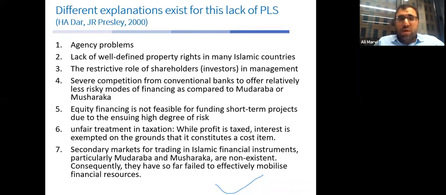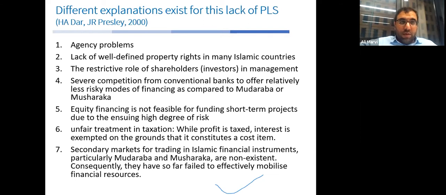Okay, so we saw from the empirical works, which are just a sample of empirical investigations by scholars in the Islamic banking field, that in spite of the fact that PLS dominates the other modes of finance on the theoretical side, in practice a negligible portion of contracts executed by Islamic banks are really PLS.